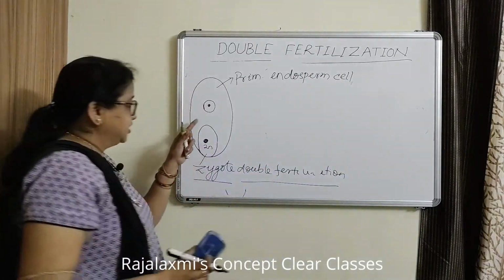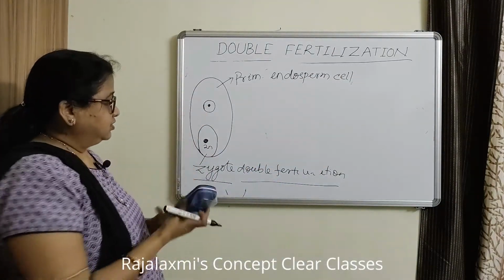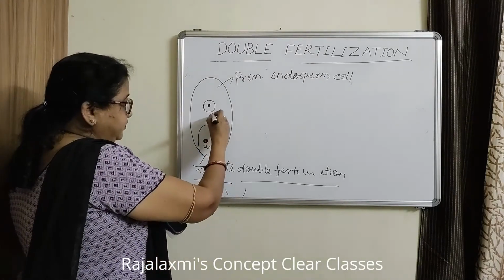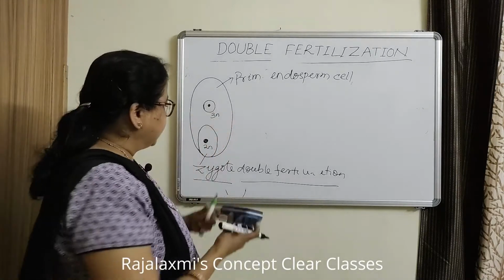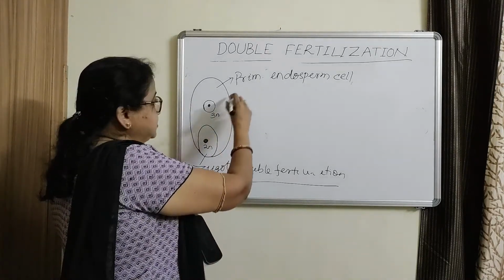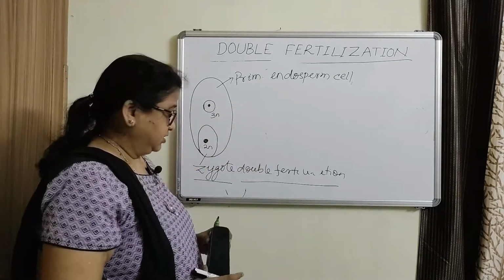That is, the central cell containing the triploid nucleus is now known as the primary endosperm cell.